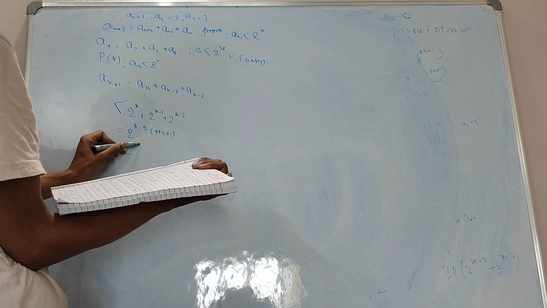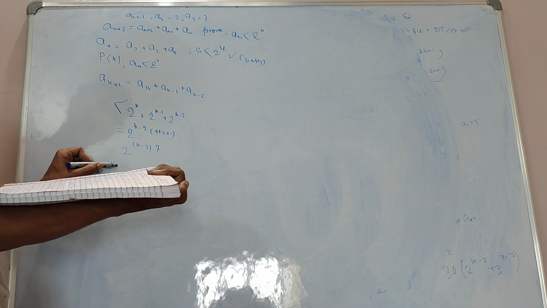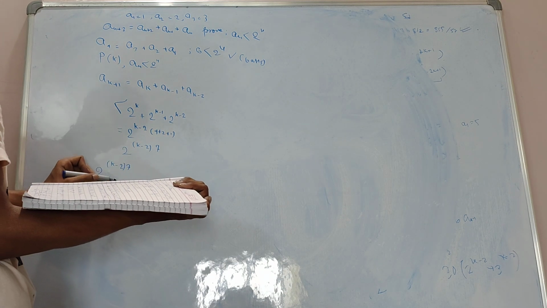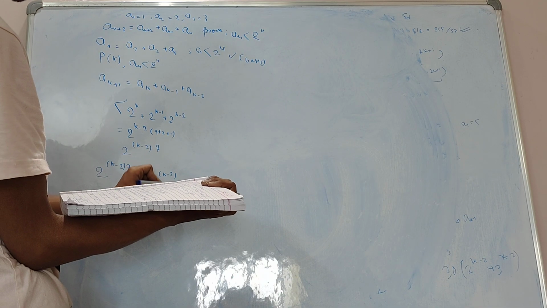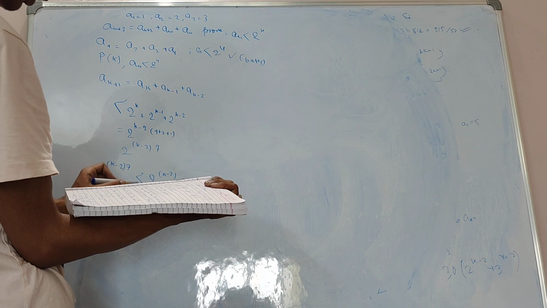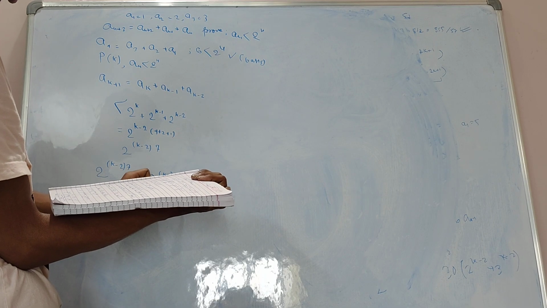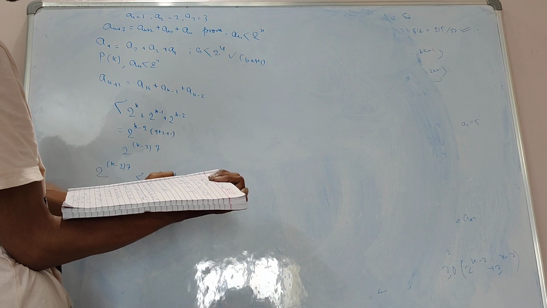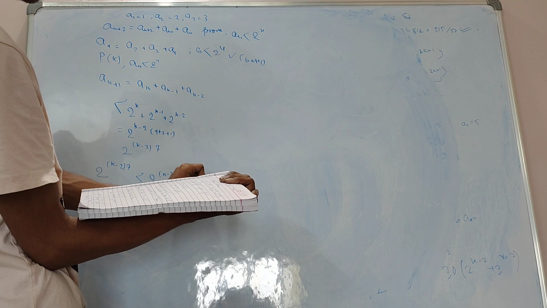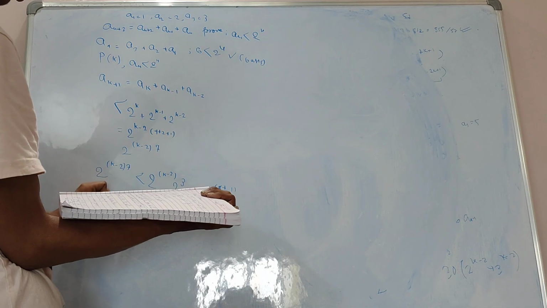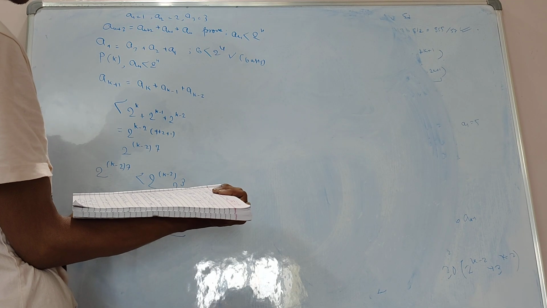So 2 to the power k minus 2 into 7. Right, now 2 to the power k minus 2 into 7 is less than 2 to the power k minus 2 into 2 to the power 3, right, this is true, that is 2 to the power k plus 1 ultimately. So a_{k+1} is less than 2 to the power k plus 1.